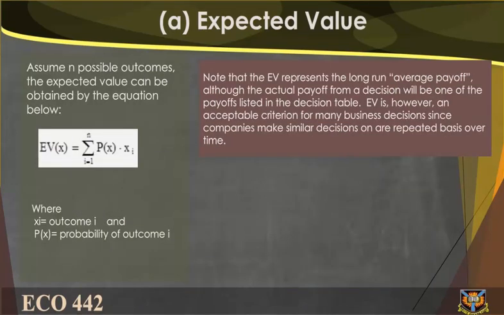Assume n possible outcomes. The expected value can be obtained by the equation below, where x_i equals outcome i and p(x_i) equals the probability of outcome i. Note that the EV represents the long-run average payoff, although the actual payoff from a decision will be one of the payoffs listed in the decision table.